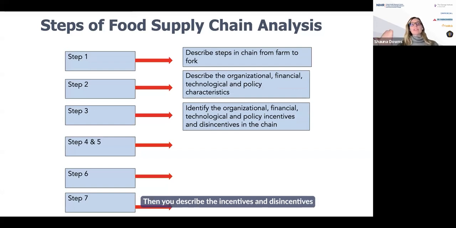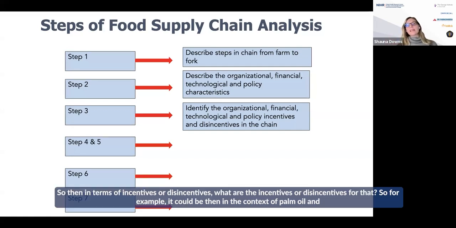Then you describe the incentives and disincentives for each of those. So say there's a technology characteristic, let's think about palm oil as an example. It needs to be processed within 24 hours of picking it.